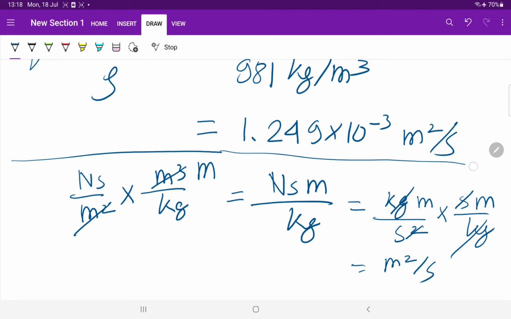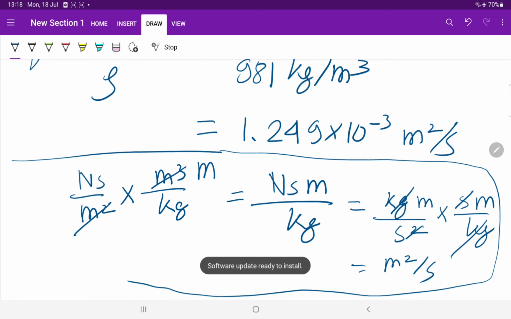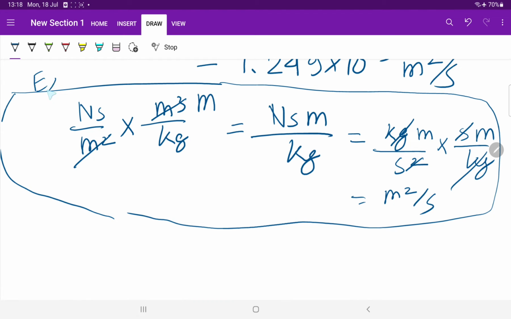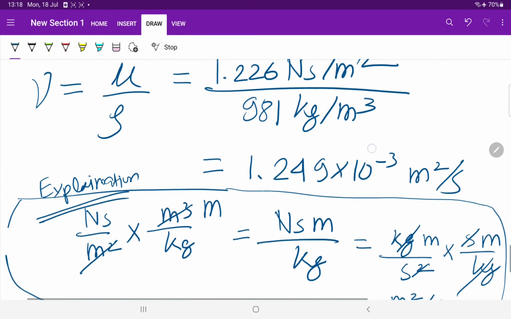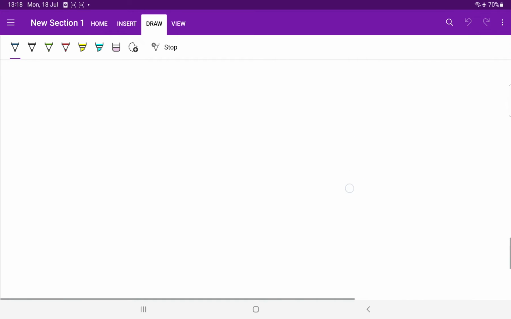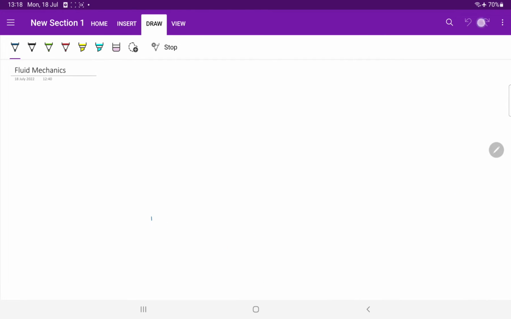So that's how this unit came, meter square per second, right? This explanation is required if you want to go into details. And just remember, if you take the density in kg per meter cube, then it is good, right?